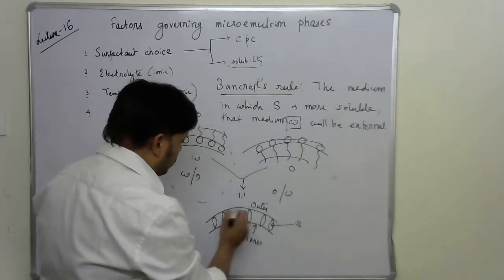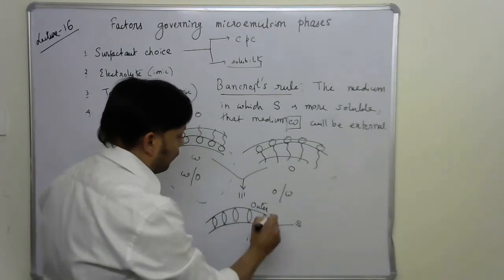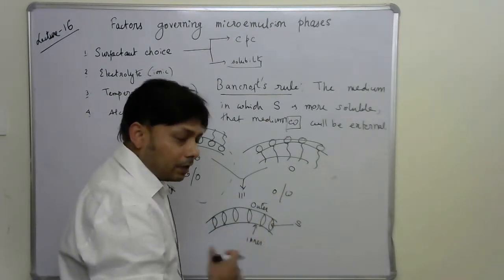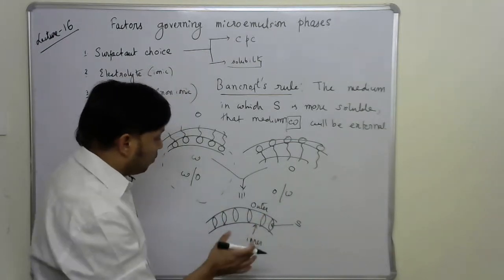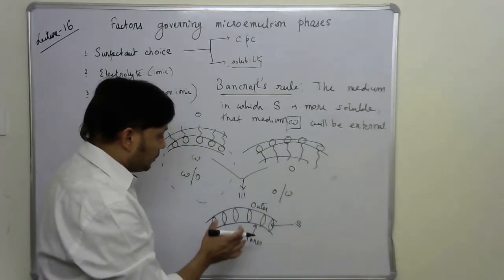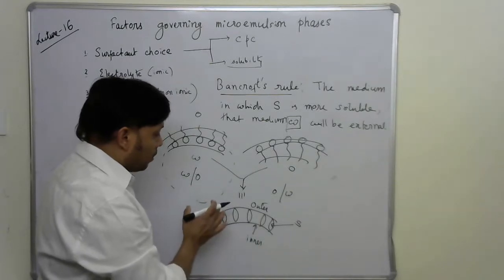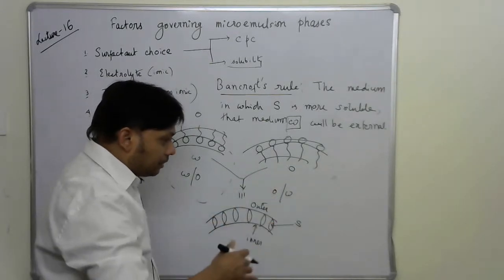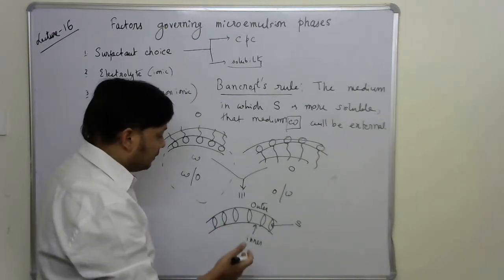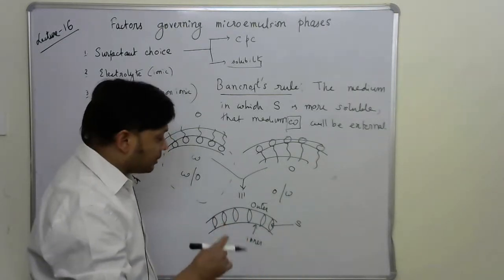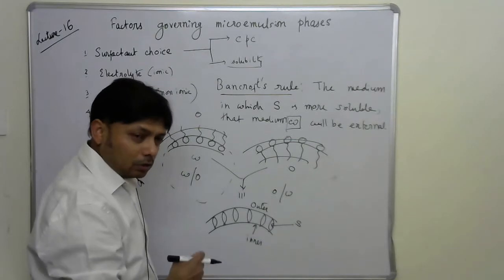Obviously, between the outer and inner curvature, the outer curvature will have the higher surface area. Whenever a surfactant is more soluble in a medium, that medium would lose its interfacial tension more than the other medium where the surfactant is not easily soluble.